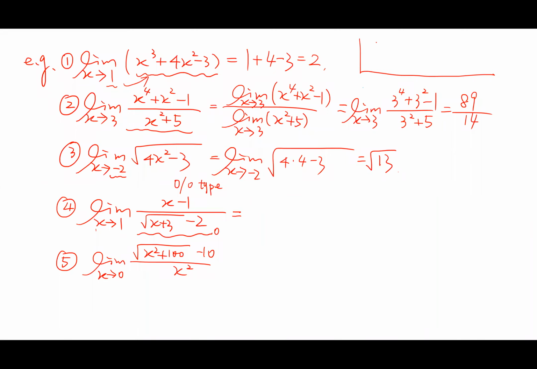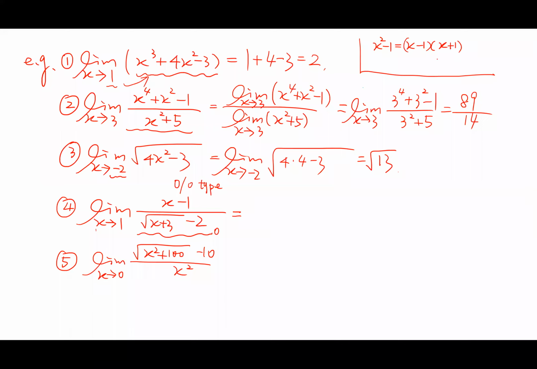Have you checked the answer of question number 4? No. Now I am telling you how to solve number 4. The answer is 0. Yeah. So now, listen to me. We have learned, for example, x squared minus 1 can be written as x minus 1 times x plus 1, right?